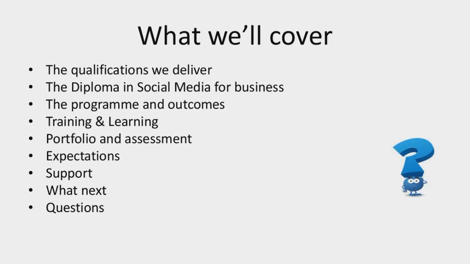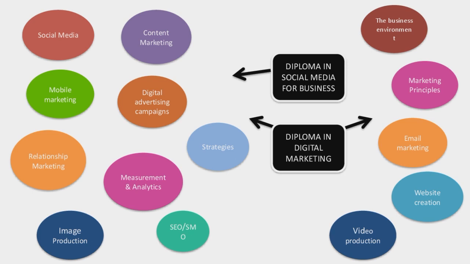So we do have two main qualifications that we offer, two diploma level qualifications. We're focusing on the social media for business today, which is all the bubbles on the left. But you can see we offer a larger qualification, which is all the bubbles on that slide, which is the diploma in digital marketing.